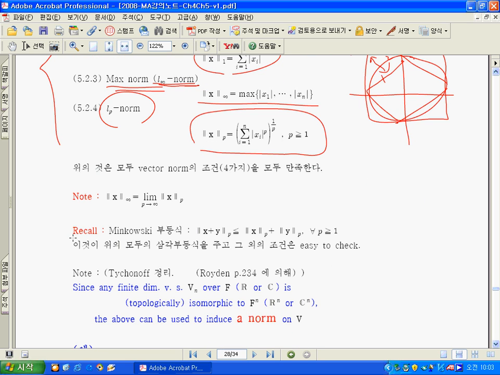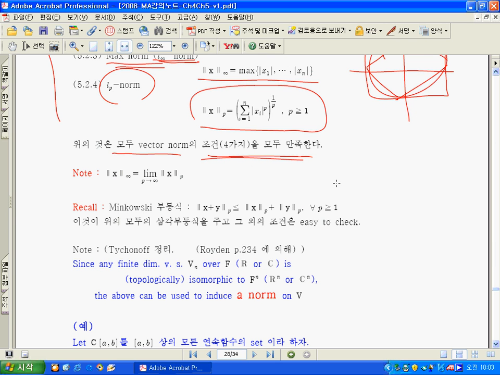All of the above satisfy the 4 properties of vector norms. And also, we make a note that this LP norm converges to the infinity norm if we send P to infinity.